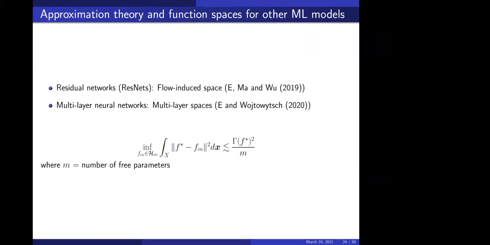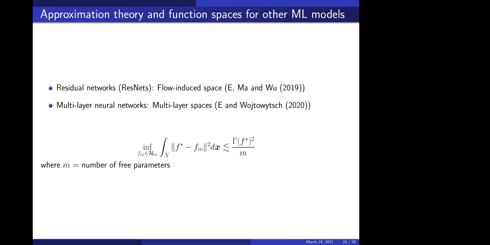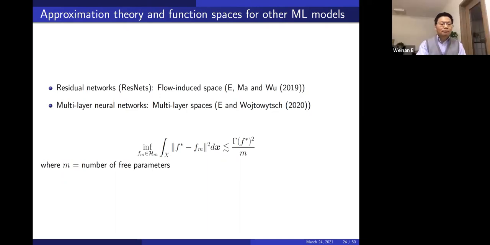Hi, Professor E. I just first want to confirm if you mainly consider the convolutional neural network. Actually, I didn't consider convolutional neural networks at all. I considered fully connected neural networks. Convolutional neural networks require a different theory. It's in the same spirit, but different spaces and different considerations.